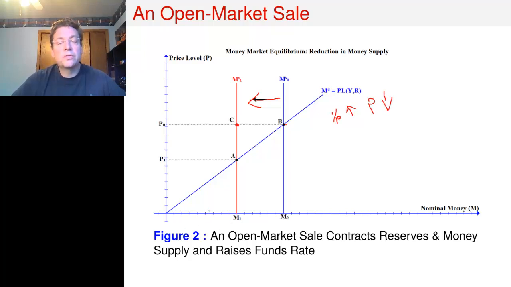And as the price level goes down, people don't need as much money because it doesn't cost as much to buy stuff. And they slide down this fixed demand curve until you reach a new equilibrium price level, P1. Okay, so the open market sale here reduces the price level.